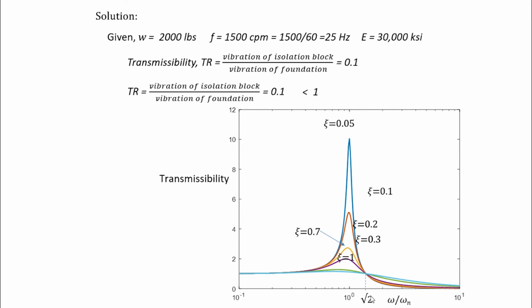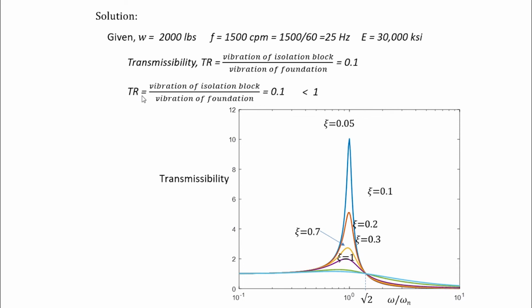If the frequency ratio is close to 1, then the transmissibility will be greater than 1. That means we cannot reduce the amplitude of the vibration, but it will increase, and depending upon the damping, the vibration will reduce. That means the transmissibility value will reduce if you have high damping. But in that range also, the transmissibility will be greater than 1 for normal damping levels.